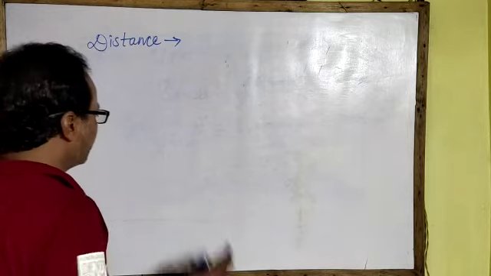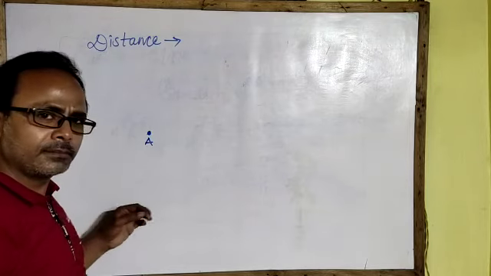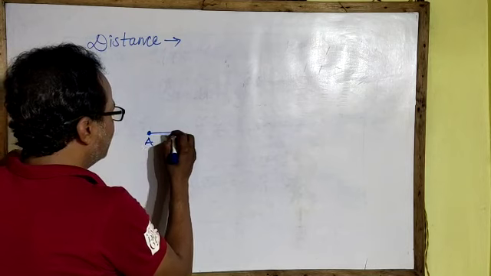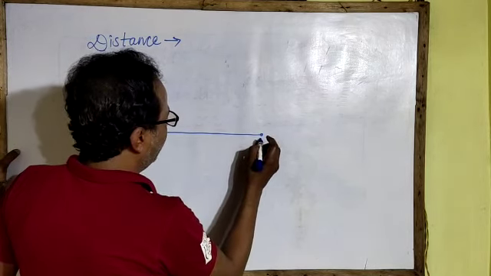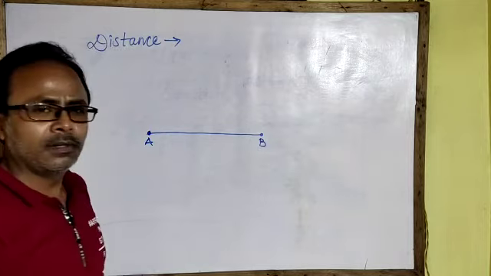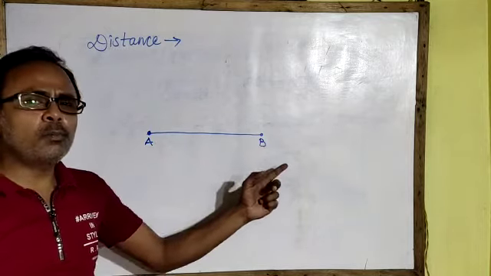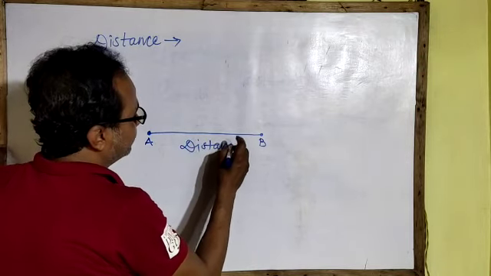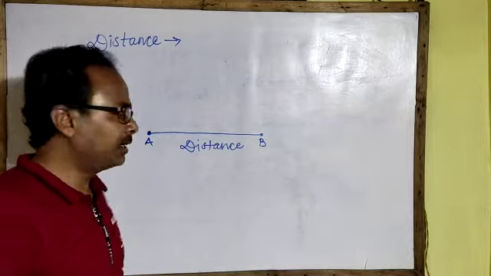What is distance? Suppose here is a point A and a person has traveled from point A to point B. So the length from point A to point B is what? Distance.